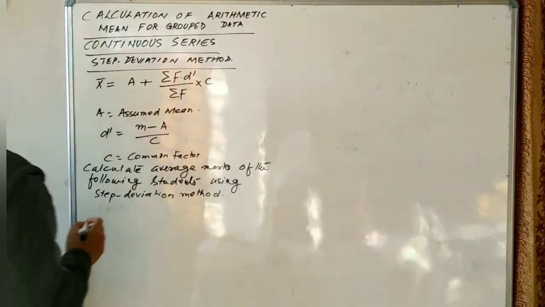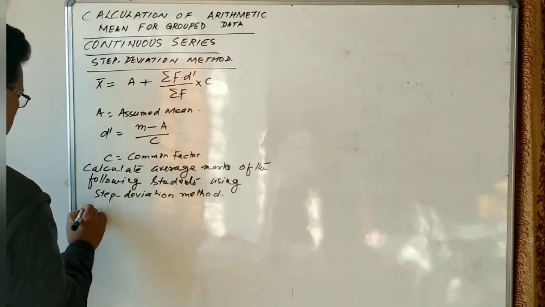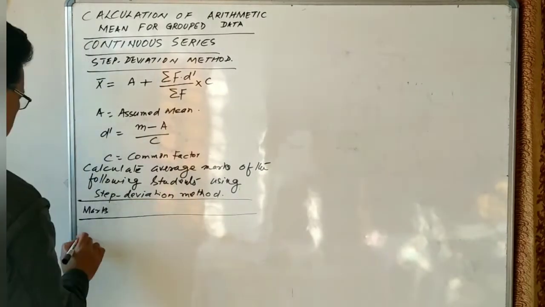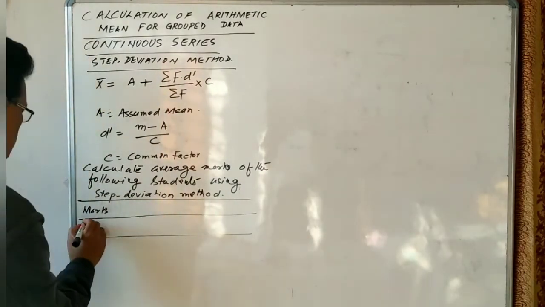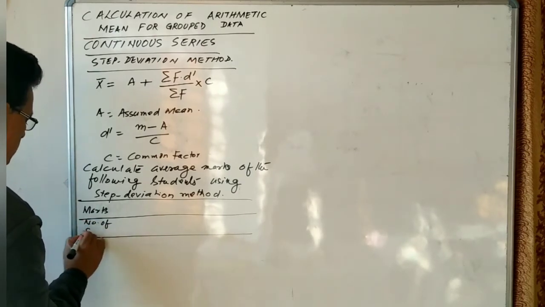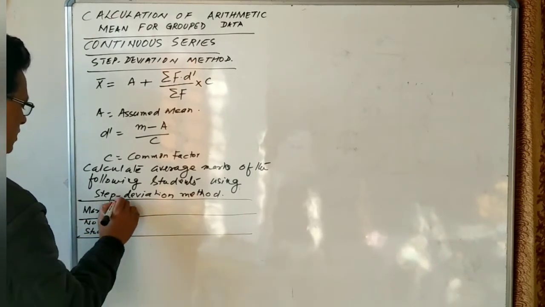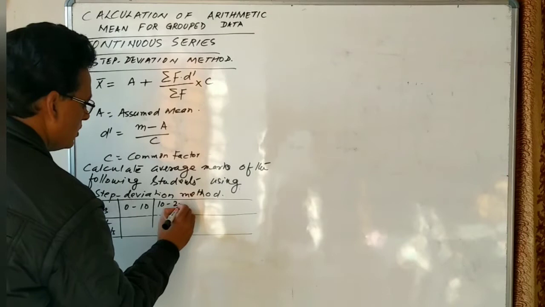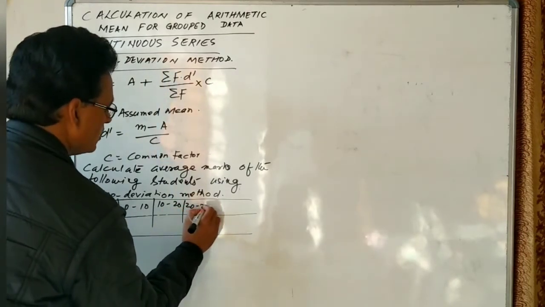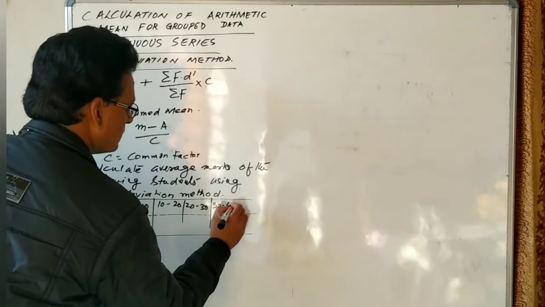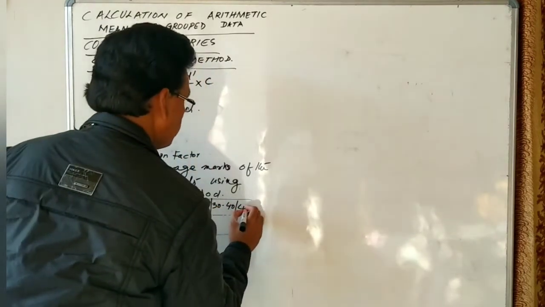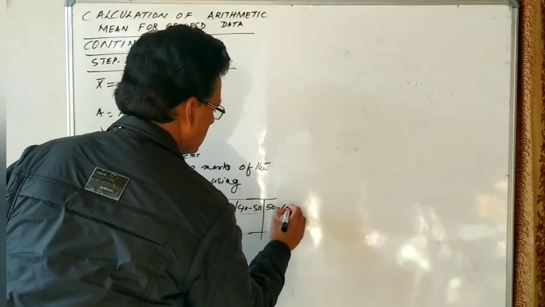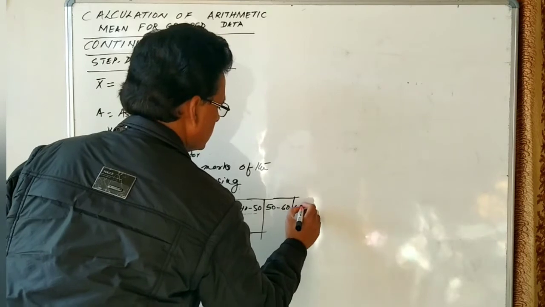So this question is given, marks and number of students are given. Marks given are 0 to 10, 10 to 20, 20 to 30, 30 to 40, 40 to 50, 50 to 60, and 60 to 70.